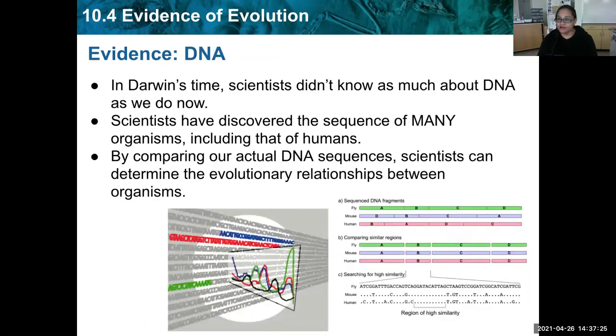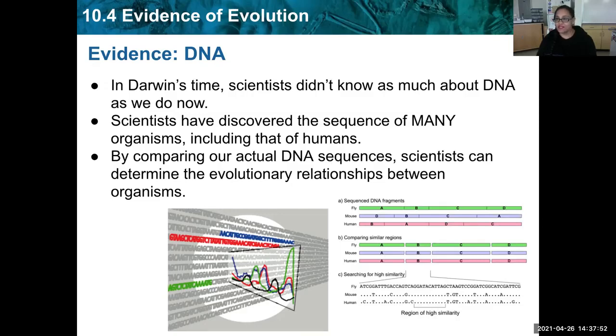And then DNA. In Darwin's time, scientists didn't know much about DNA. We know much more now. They didn't even know the structure of DNA. That didn't come until the 1950s. Darwin was in the 1800s. So scientists have discovered the sequence of many organisms, including that of humans. By comparing our actual DNA sequences, scientists can determine the evolutionary relationships between organisms.